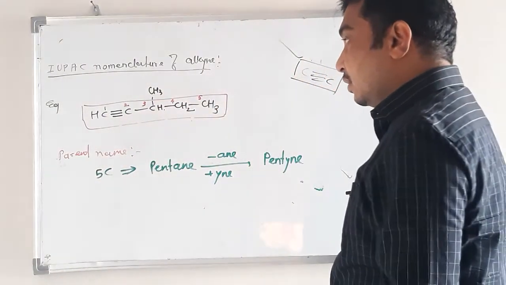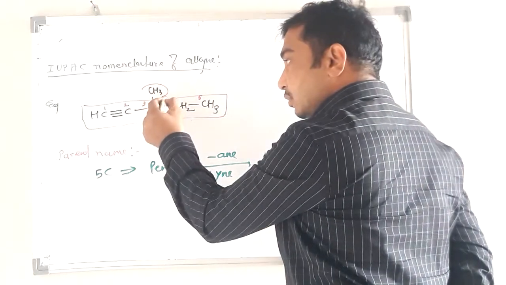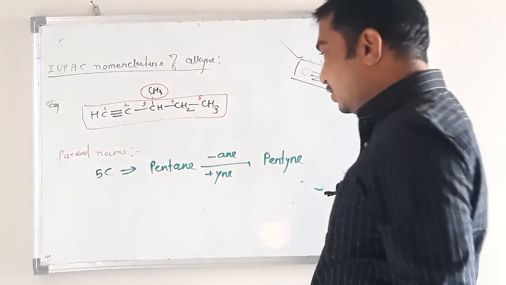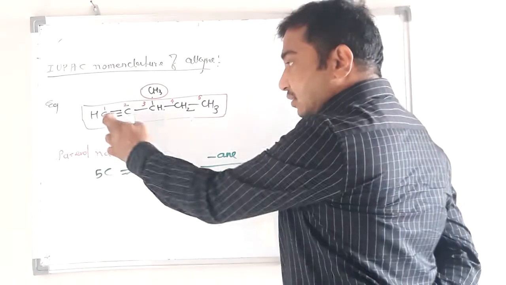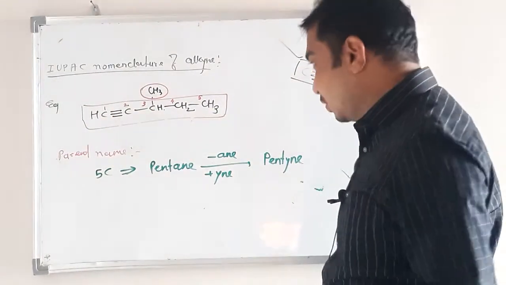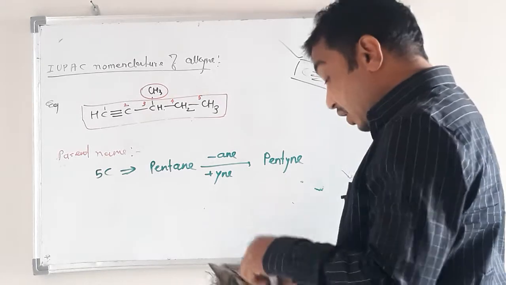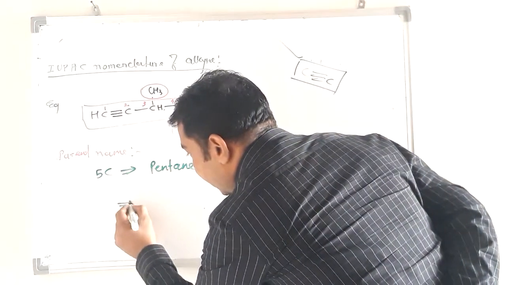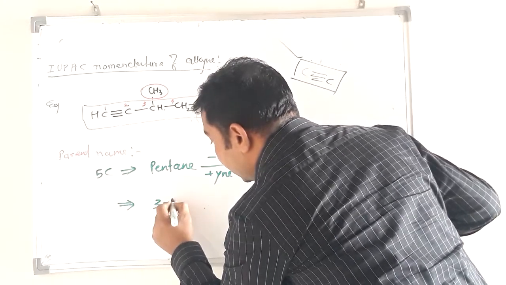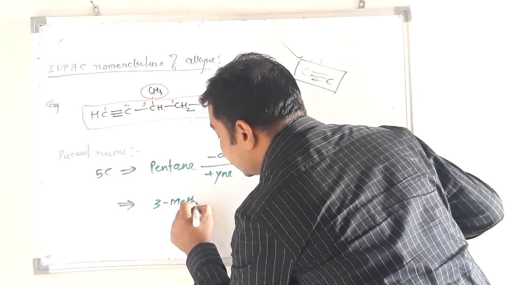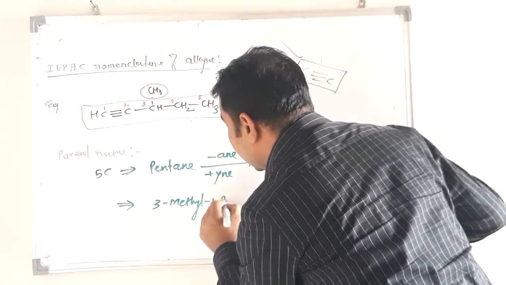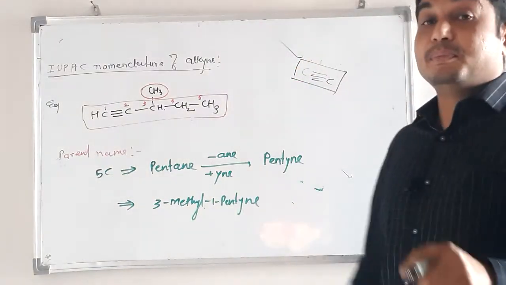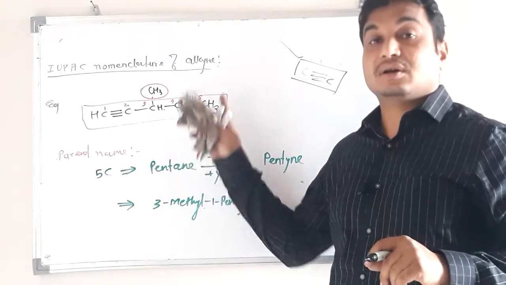Here the methyl group is a substituent attached to carbon number 3, and we mention it in the name, and the triple bond starts from carbon number 1. So 1-pentyne. The complete IUPAC name is 3-methyl, that is the substituent, 1-pentyne. This is the complete IUPAC name for this compound.